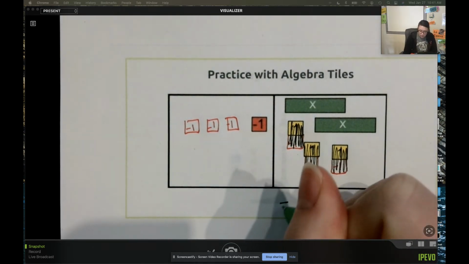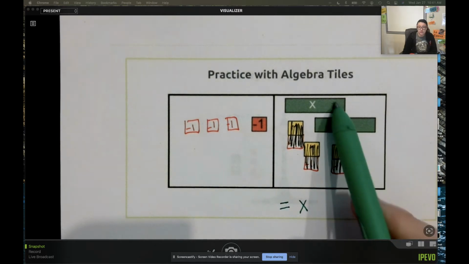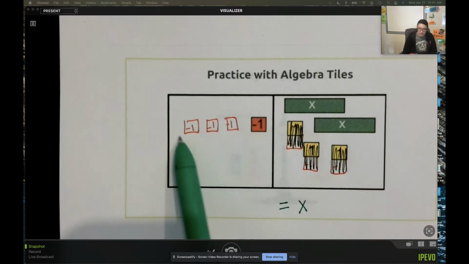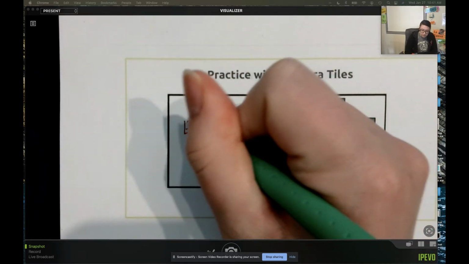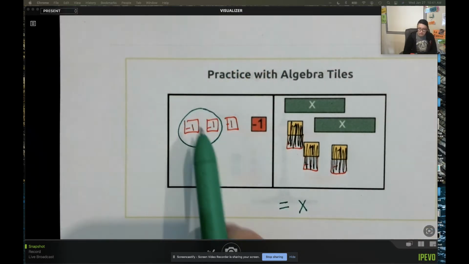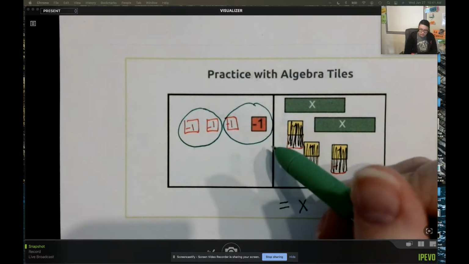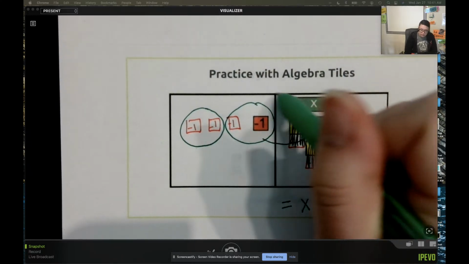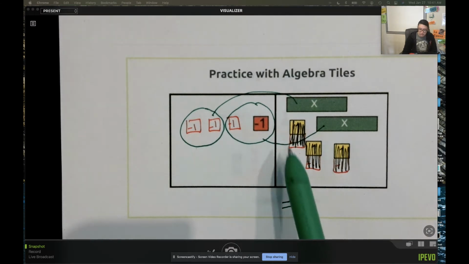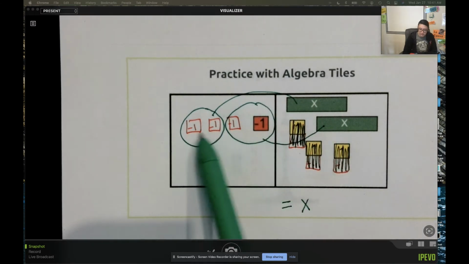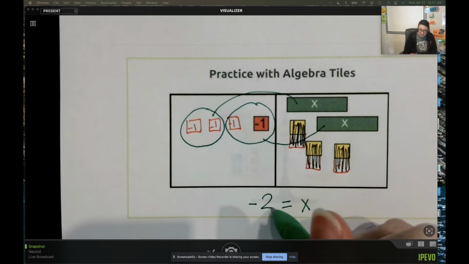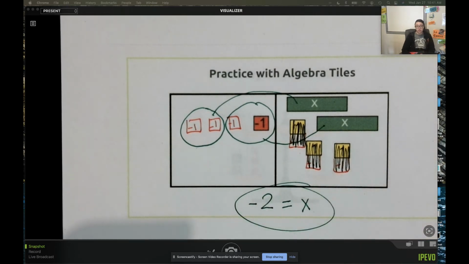I want to know how much 1x equals, but I have 2 of them. So that means I need to put these 4 into 2 groups. So there's 1 group, there's 2 group, and each group represents a different one of those x's. So I see that one of those x's is equal to 2 negatives, which is a -2.